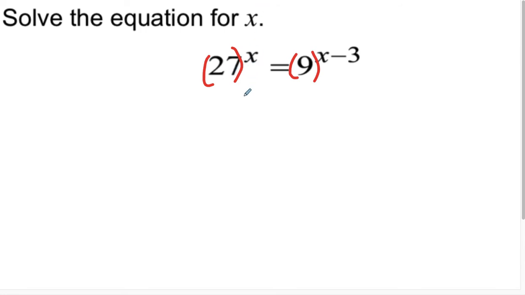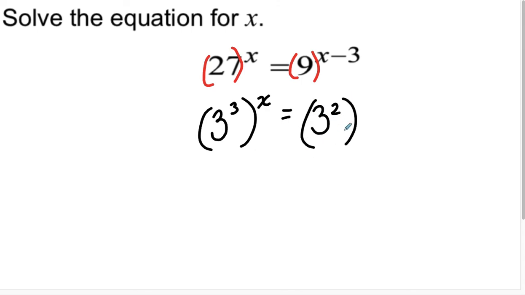So 27 can be changed into 3 to the power of 3, and it has the power of x already. And 9 can be changed into 3 to the power of 2, and it has this x minus 3. It's important for you to know that this x minus 3 is one group. You will learn the importance in a bit.